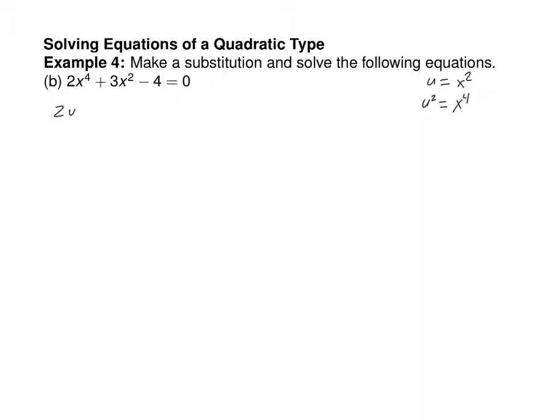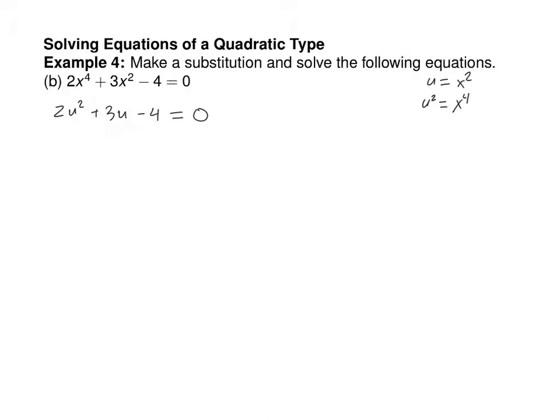That becomes 2u squared plus 3u minus 4 equals 0. Does this one factor? I don't think so. You try the trick where you multiply the 2 and -4 and you get -8. Do any factors of -8 add to 3? No. So now solve using the quadratic formula.